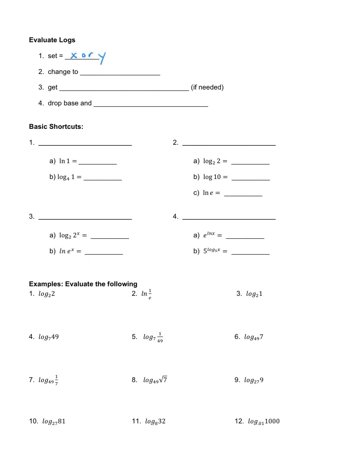Then you're going to change to exponential form. Okay. You're going to get a common base if needed. Then you're going to drop the bases, okay? Set exponents equal to each other.